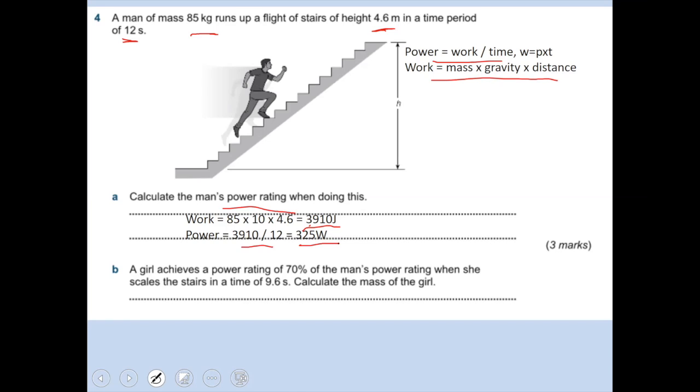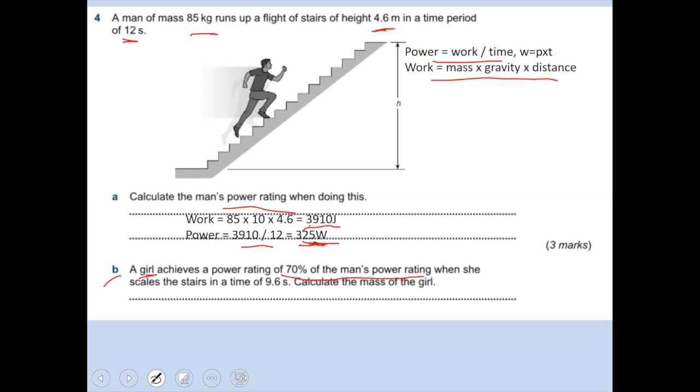For question B, we're going to have to do a little bit more work, and this is a little bit more tricky. That's why I'm making this video. The first part is that the girl achieves a power rating of 75% of the man's power rating. You would basically do 75 divided by 100 times the figure here, 325.